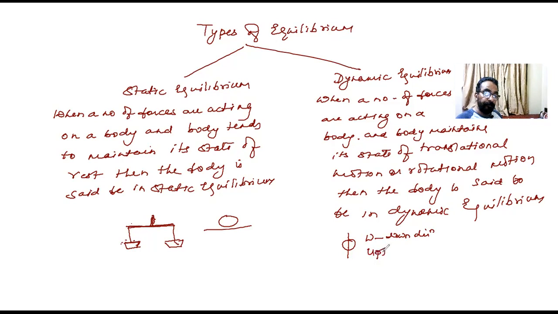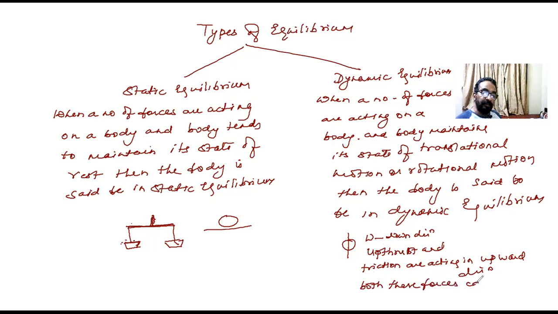The upthrust and friction are acting in upward direction. Both these forces cancel each other, and the raindrop drops to earth with a uniform velocity.